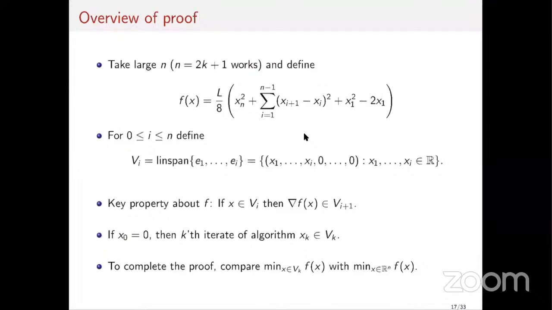You go from c log 1 over epsilon iterations to square root of c log 1 over epsilon, where c is the condition number, or you go from 1 over k to 1 over k squared in the case of just L-smoothness without strong convexity.